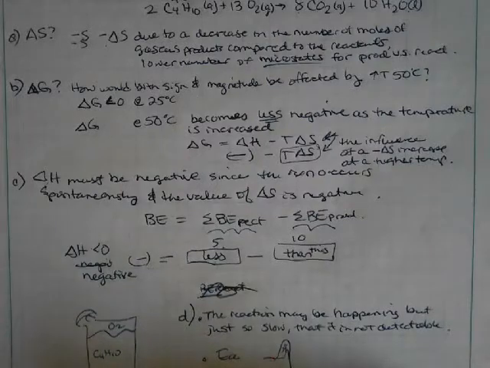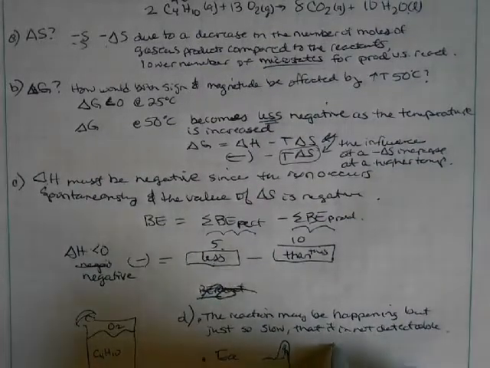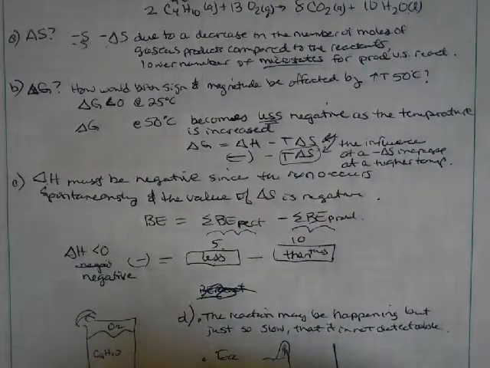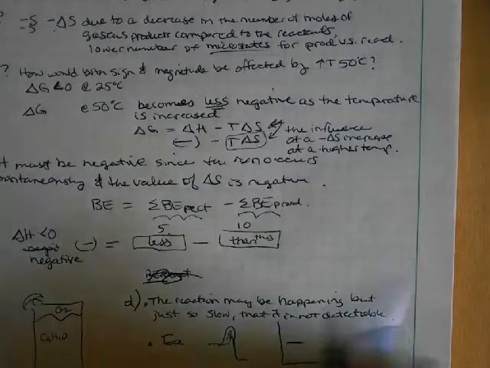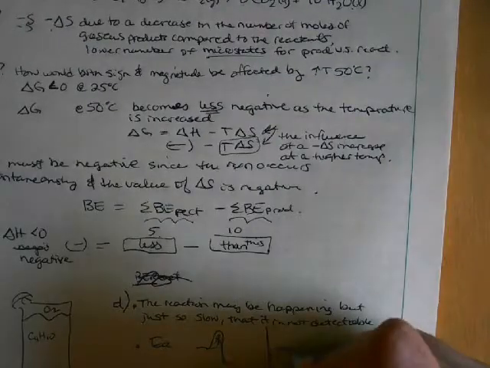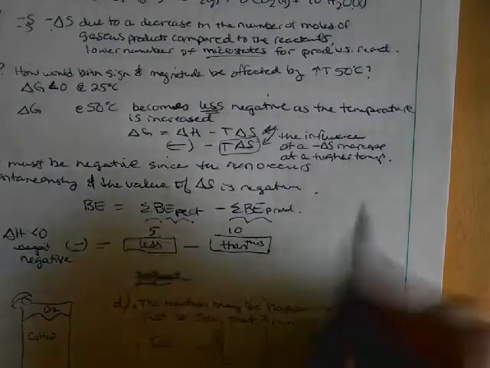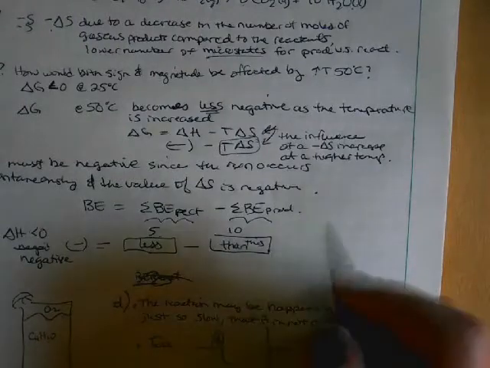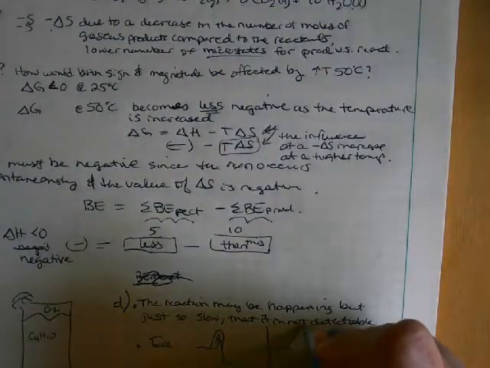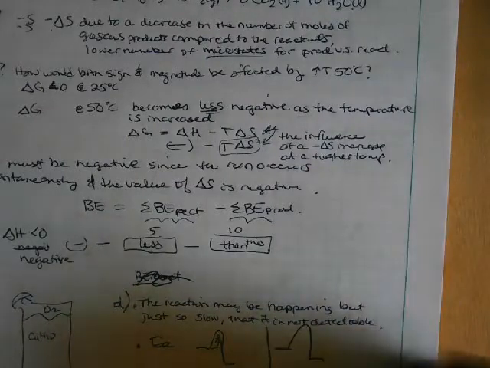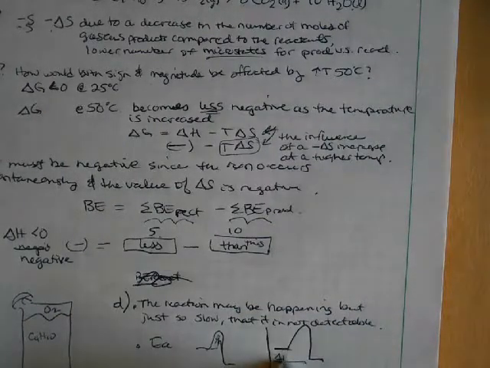Let's relate. I think this is a good time to relate the binding energy to that of the regular enthalpy diagram. So remember, when we're talking about the binding energy, we're saying the reactants are less than that of the products. What we're really doing on this line, before we were saying delta H is here, right? And it still is.